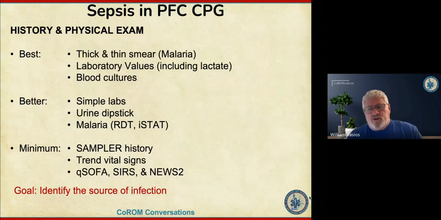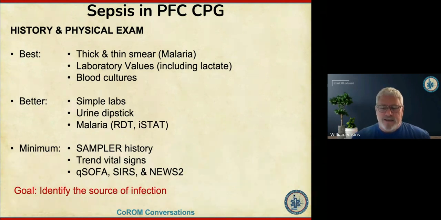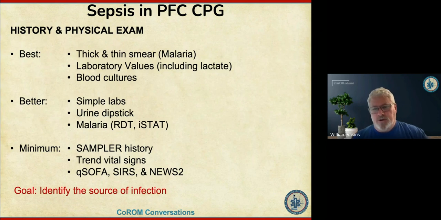But you're going to need to start trending using your flow sheets or whatever method you have of monitoring your vital signs over time. And then as you have more capabilities, you can do some simple labs with an iSTAT, or labs if you have a local clinic available to you. You can do your point of care labs, your urine dipsticks, or your rapid tests. Those are things that should confirm or deny things already on your differential.